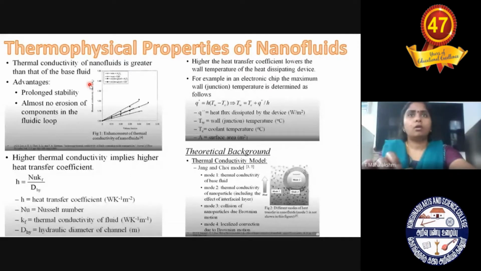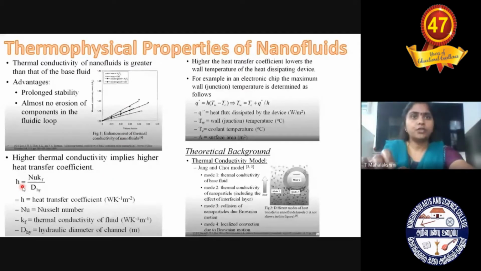In all nanoparticles having the thermal conductivity, but as shown in this figure, as far as this graph is concerned, aluminum trioxide has the highest heat transfer rate when comparing with other combinations.